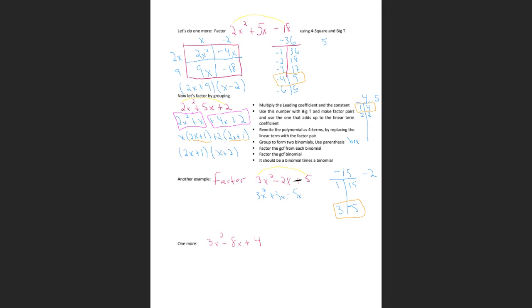So I'm going to rewrite the middle term using those two coefficients. And then we have this minus 5 on the end. So I've now broken it apart into 4 terms. So now we want to group it as binomials. So I'm going to have this binomial. And when I do this binomial, we have that going on.